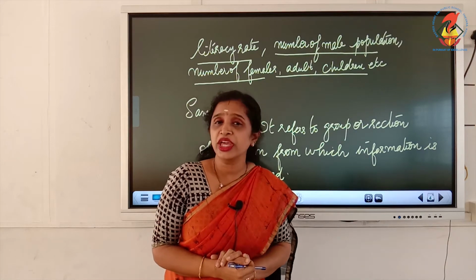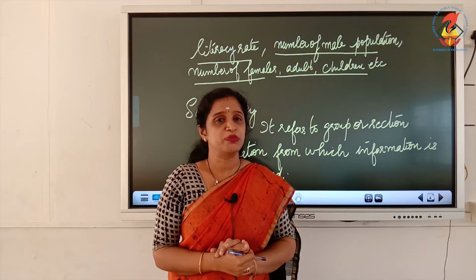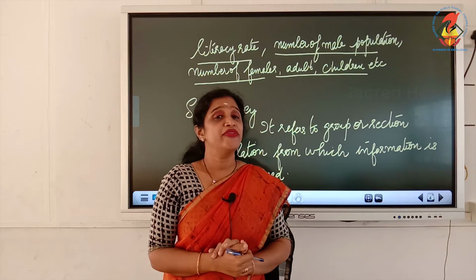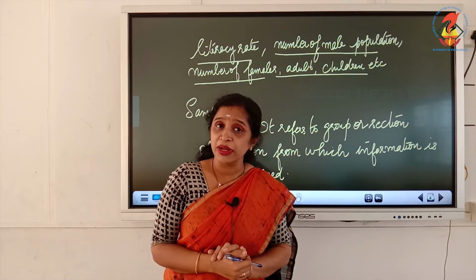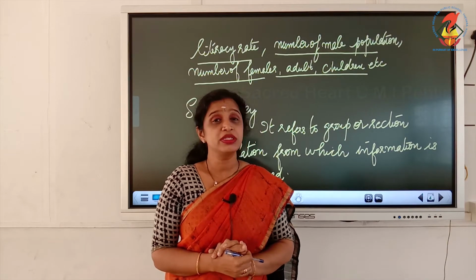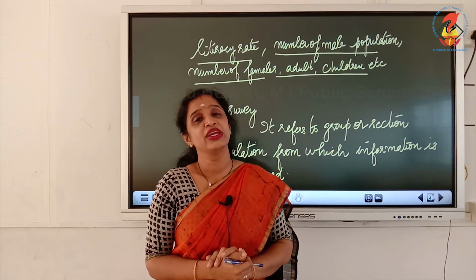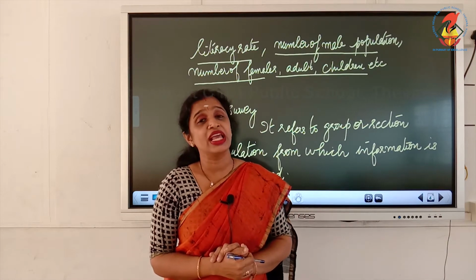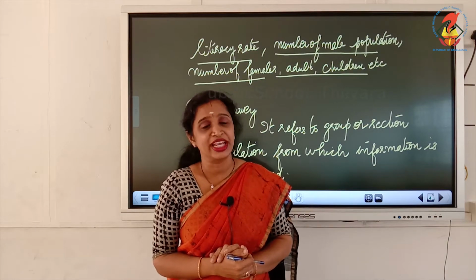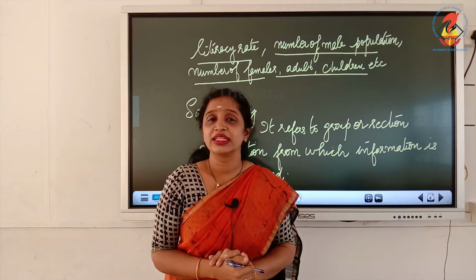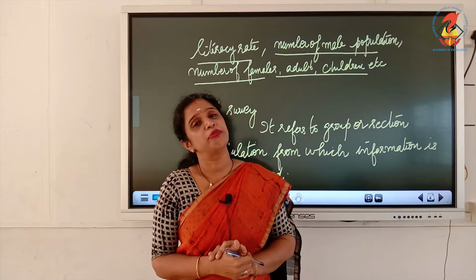What we are trying to learn here is the difference between census and sample survey. If census is a method of complete enumeration, sample survey is a method in which a few samples are collected. Here each and every element of population is not taken into consideration. Only a few are selected and the studies are conducted on the basis of that.